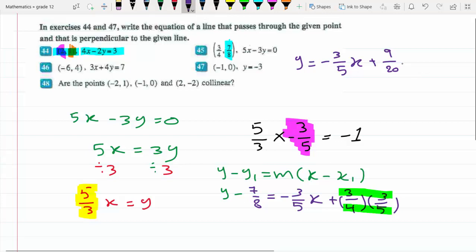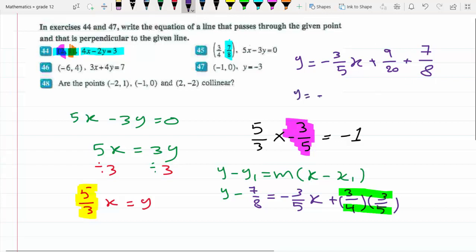It was negative, it's going to be positive. Plus 7 over 8. So if we add these two fractions together, we get the equation of the line, but we need to simplify it more because these constants should be only one.